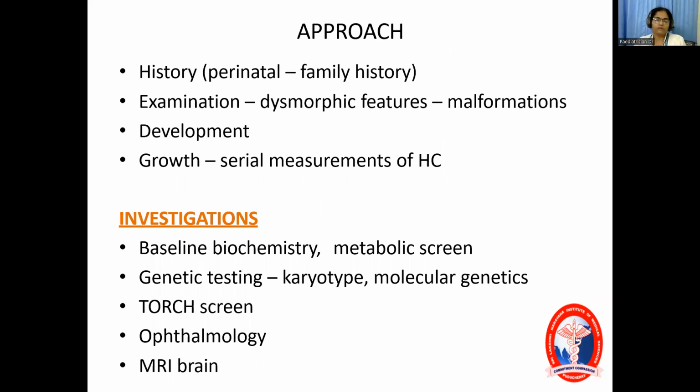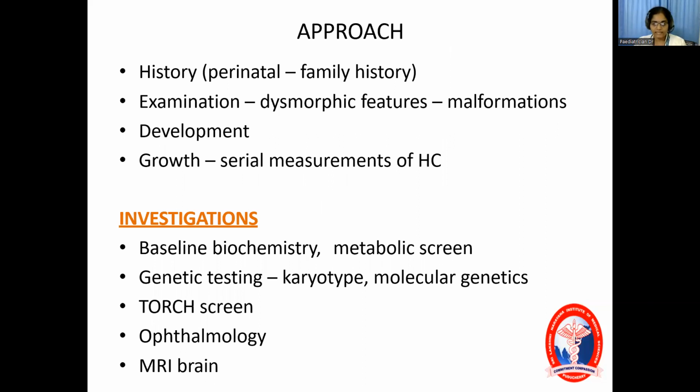Approach. Again, you take a detailed history, whether there was any perinatal insult or any family history. Examine for any dysmorphic features or malformations, any developmental delay, and measure the head circumference serially. Investigations: do a baseline biochemistry and a metabolic screening.